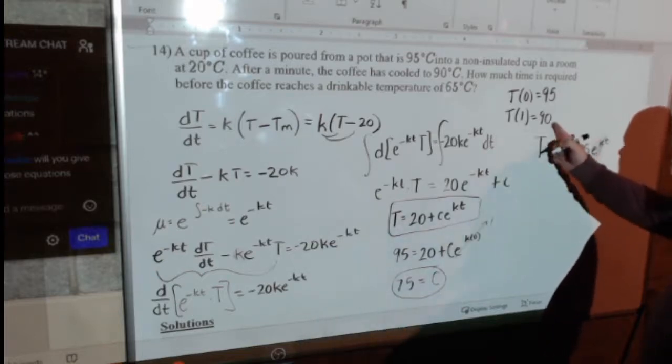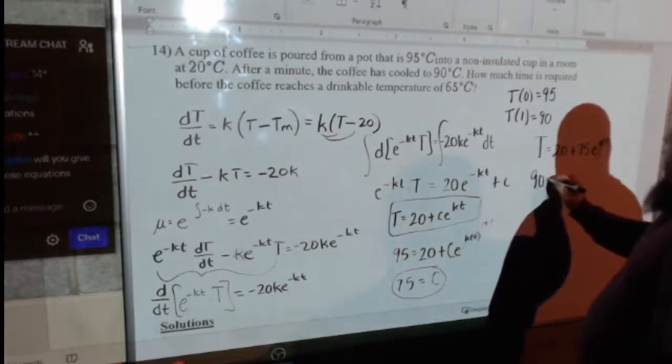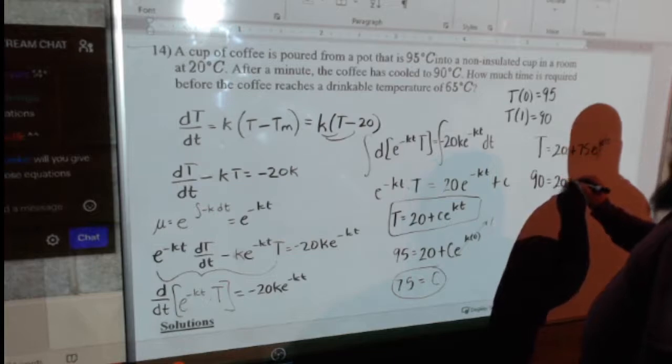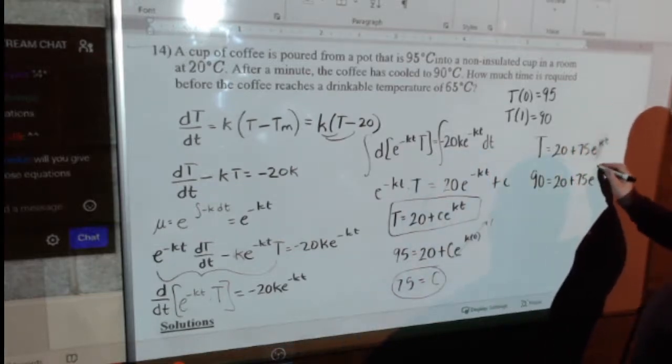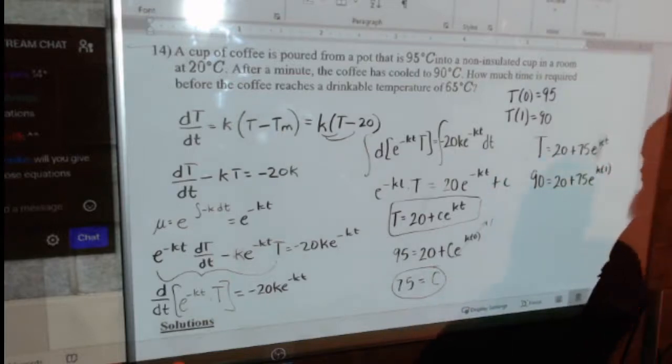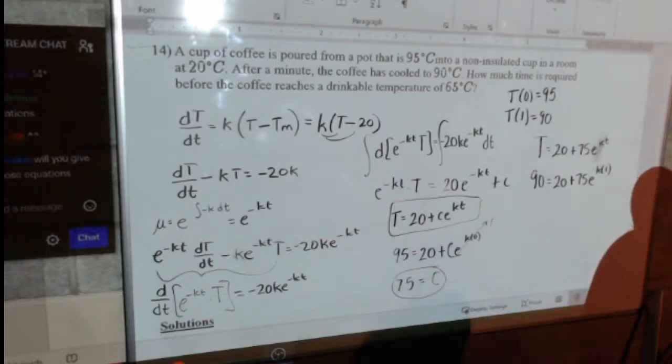Then I would use this one here. So 90 equals 20 plus 75 e to the k times 1. Fantastic.